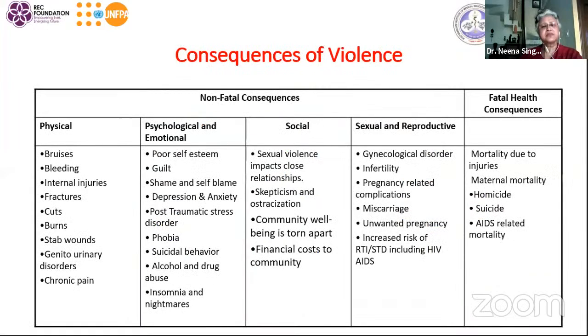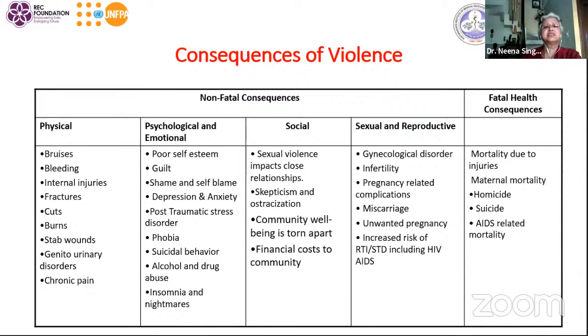What are the consequences of violence? They can be fatal or they can be non-fatal. The non-fatal consequences themselves are so many that it makes a person literally handicapped. They can be physical: bruises, bleeding, internal injuries, fractures, cuts, burns, multiple physical injuries, even which may ultimately indirectly lead to death.